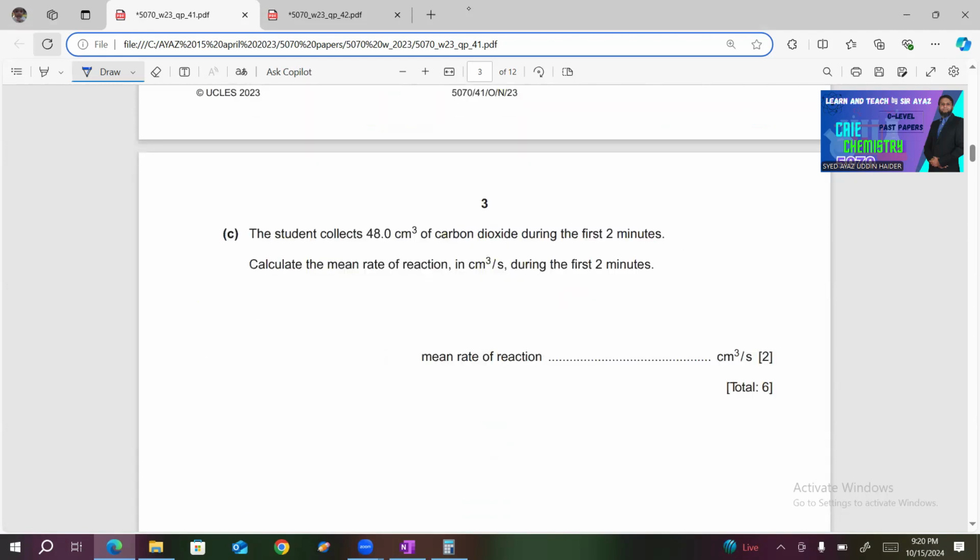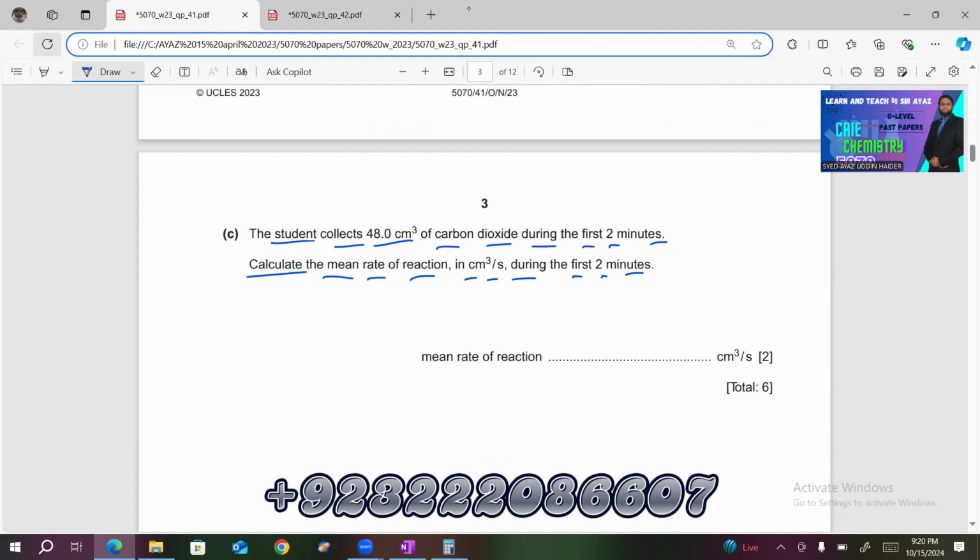Moving to next part. Part C, the student collects 48 centimeter cube of carbon dioxide during the first 2 minutes. Calculate the mean rate of reaction in centimeter cube per second during the first 2 minutes. Now we need to convert these minutes into seconds.